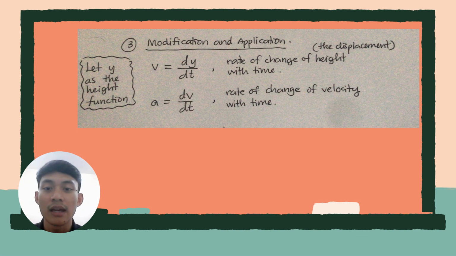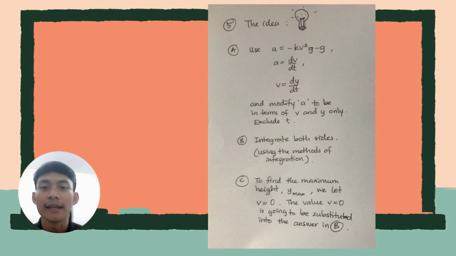And the acceleration equals dv/dt, which is the rate of change of velocity with time. So the velocity v equals dy/dt, where y is the height.